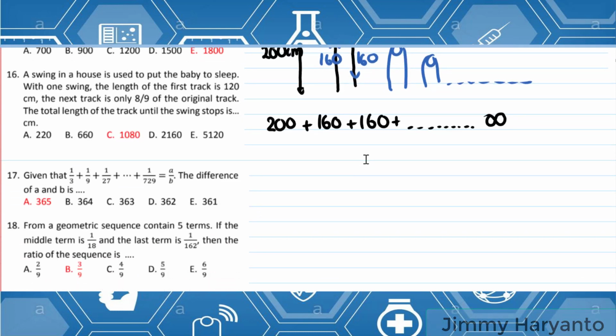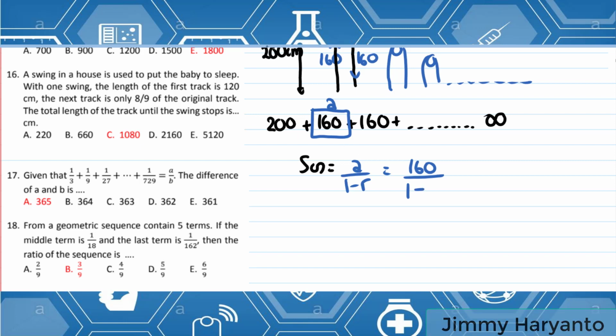So later we will use the infinite sum. S infinite equals, if you remember in my video, I told you that for this kind of question the A should be this one. A over 1 minus R. So the A should be 160, over 1 minus the ratio.